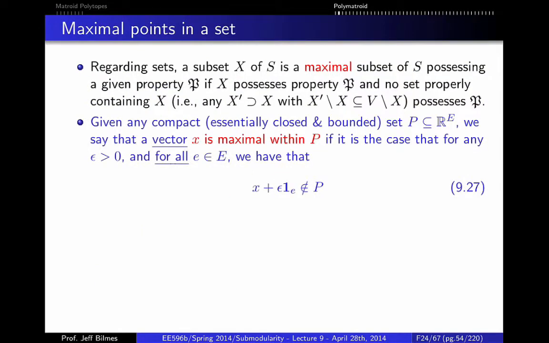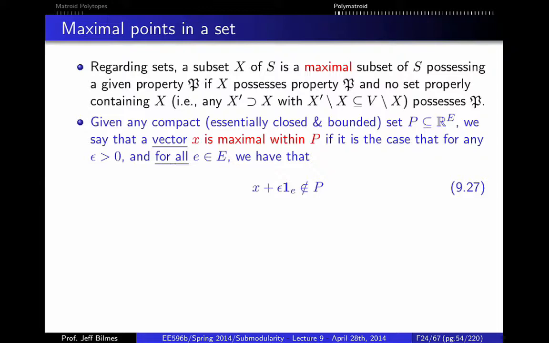So let's now talk about that in the context of a compact subset of R^E. So what we mean by compact, we're going to use this word relatively loosely. We don't need all of the measure theoretic precision that goes along with what's typically referred to as compact. By compact, for all intents and purposes, just think of it as closed and bounded. So the subsets we're talking about are closed bounded sets. And that's what we mean by compact in our current context.